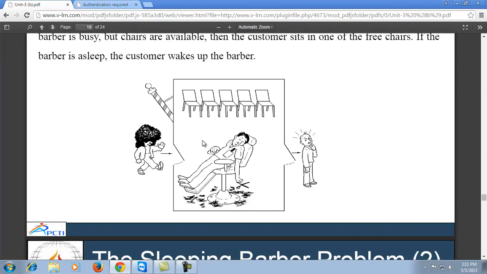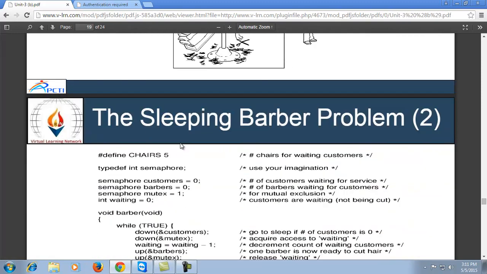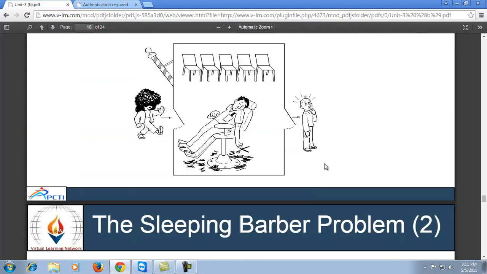we want to keep the barber busy and we want to utilize his efforts in this system. If all the chairs are empty, then the barber can sleep, and if all the chairs are busy and a customer is coming, then he leaves. So in the sleeping barber problem, if a number of chairs are available, we have to apply the condition for exiting the customer when all chairs are full and the barber is busy.